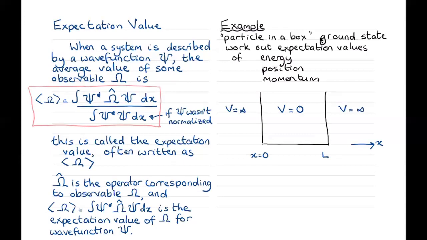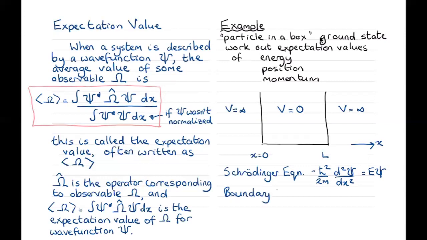And so the problem that we need to solve, our Schrödinger equation, is minus h bar squared over 2m d2 psi by dx squared is equal to E psi, because our potential is 0, with the boundary conditions that the wave function at 0 is equal to the wave function at L is equal to 0. So our wave function goes to 0 outside of the box.